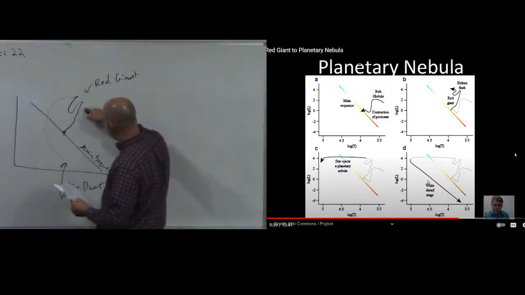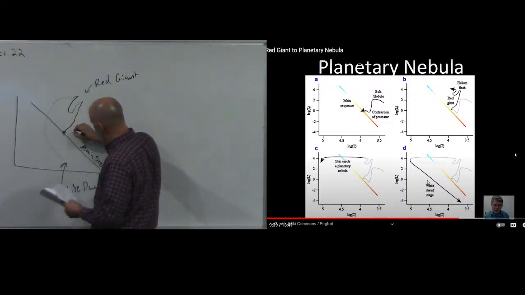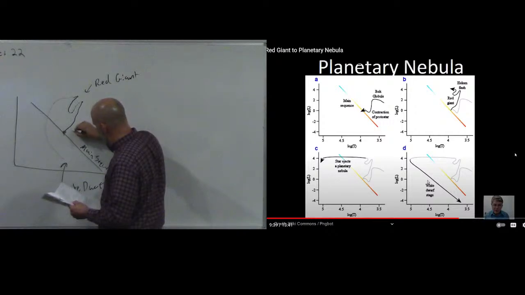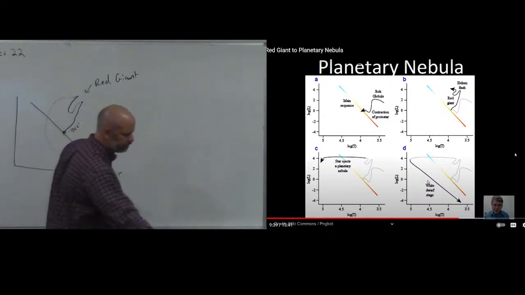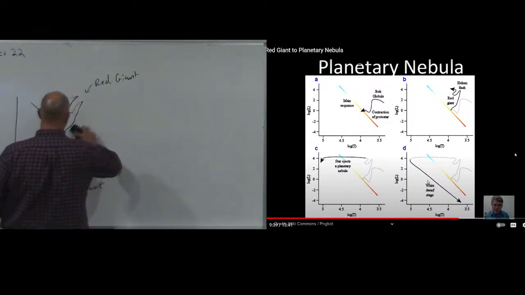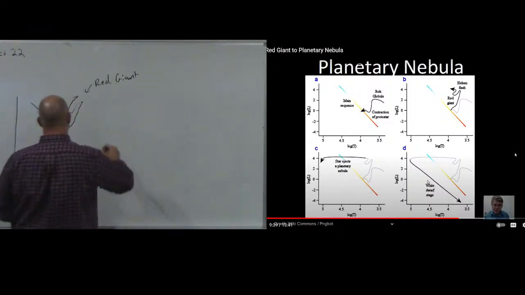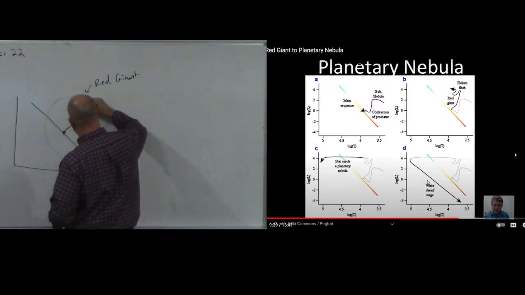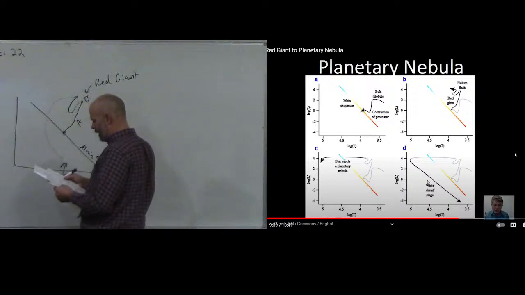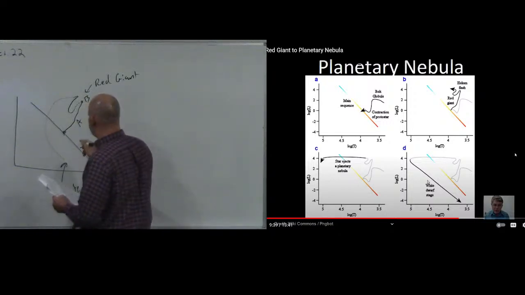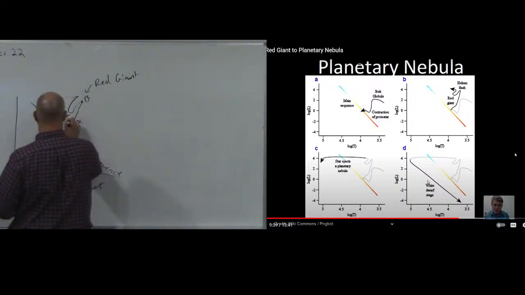This step right here is as we leave the main sequence and become a red giant, right? So I'm going to label these, it'll help. A, B, C, D, etc. Okay? So this is going to be our A. This point here is going to be our B. C is going to be down here.